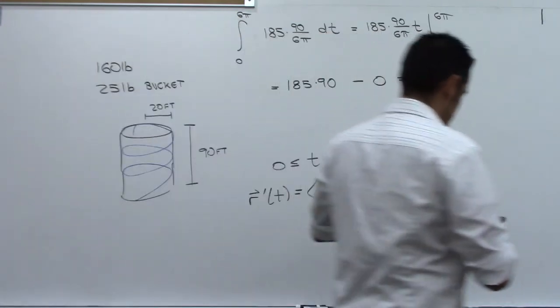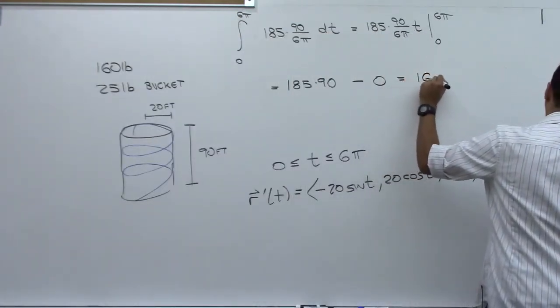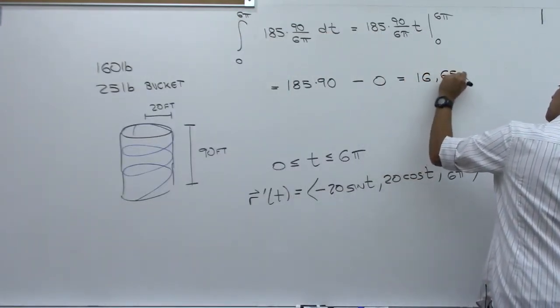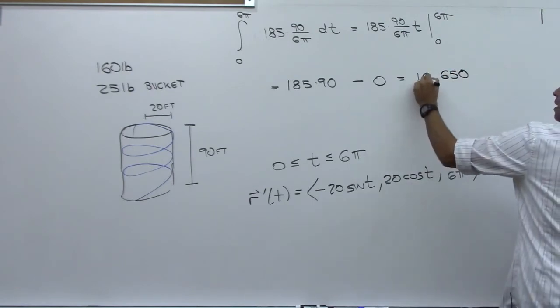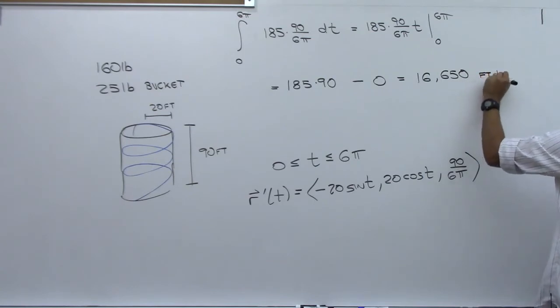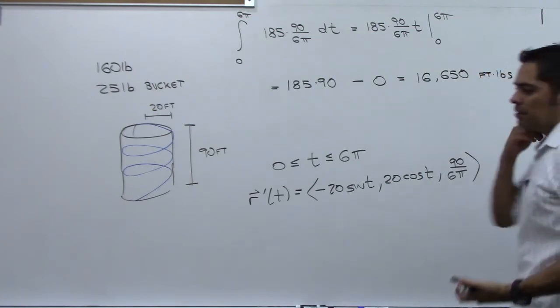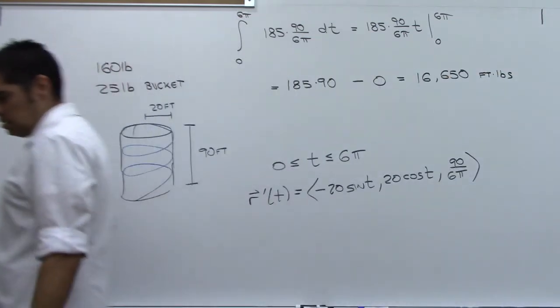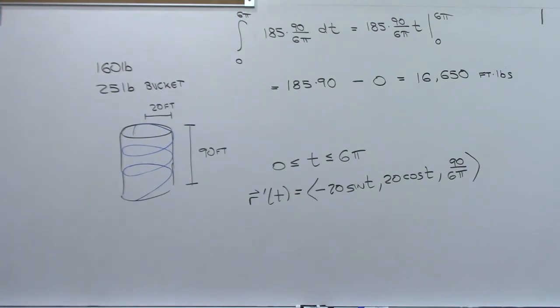Okay, this is about 16,650. And the measurement of work here would be in foot-pounds, because everything was measured in pounds and feet. Okay, so that's number 43.